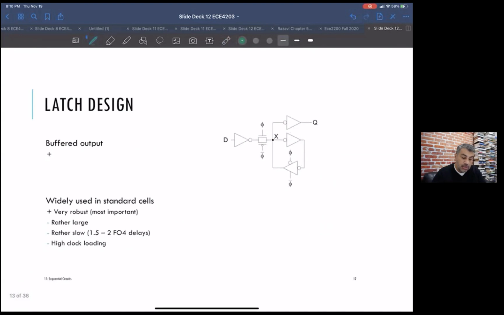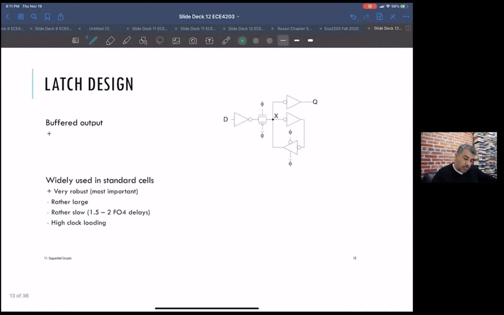Then the other thing you can do is just use this feedback loop by itself and drive your outputs with another inverter. That way there's no chance that something else might disturb this feedback loop. So you've got very solid feedback. So this is a pretty solid design. Okay, there's no backdriving. So this is what's considered a fairly safe, fairly robust design.